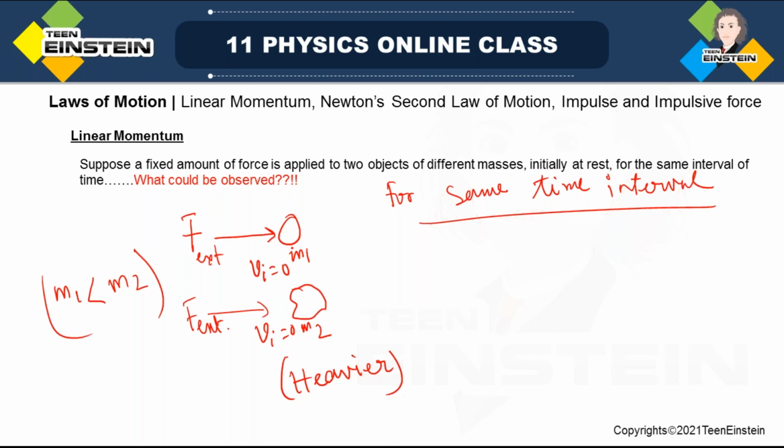Then what will happen? What will be your natural answer to this question? What should we observe? I have two objects m1 and m2, where m2 is heavier. We are giving the same force to both of them in the same direction. Initially both of them were at rest. So what will be the natural answer?